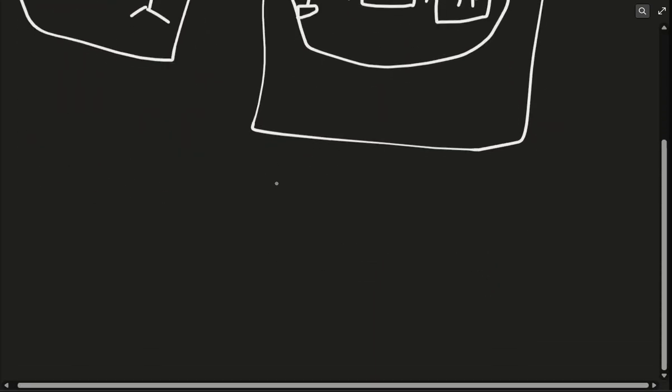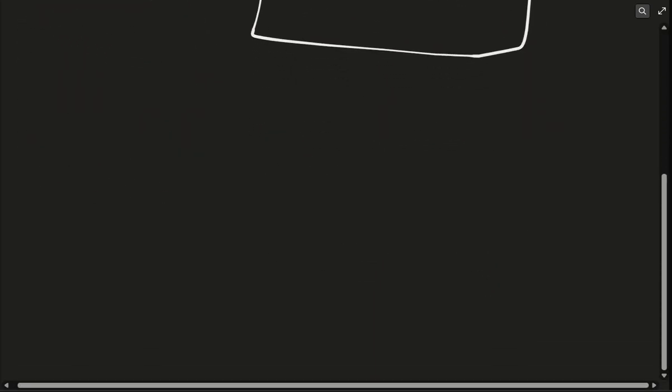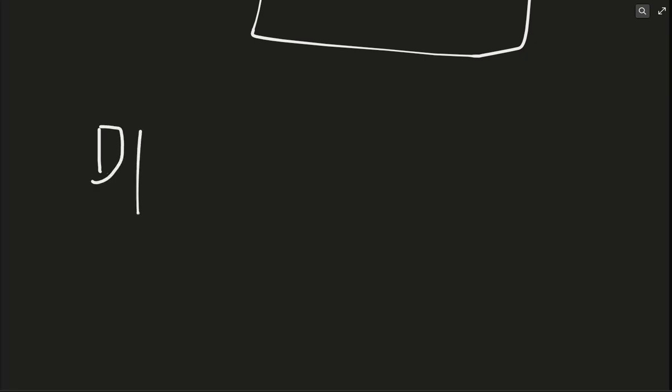There is also a term called DL. What is DL actually? It is a specific field where we train a model in a deep, specific way.